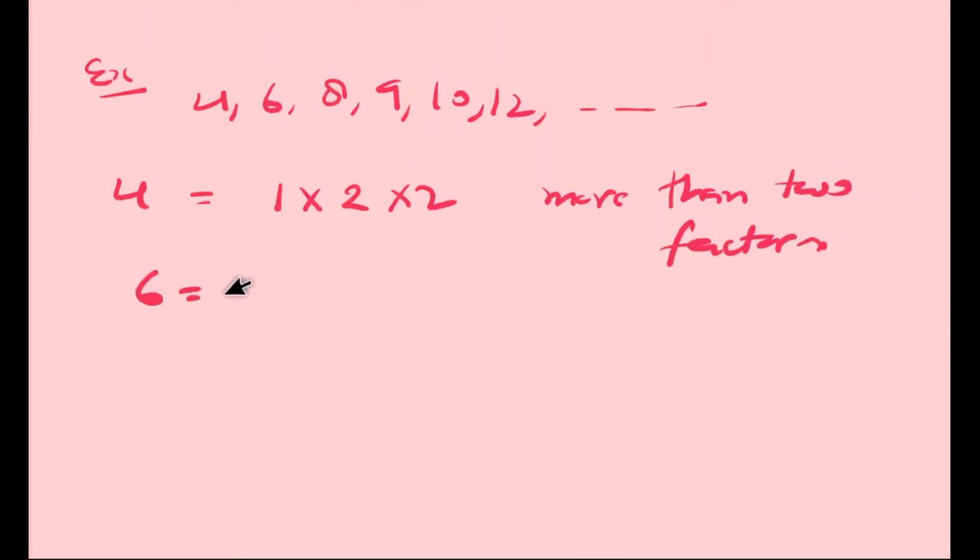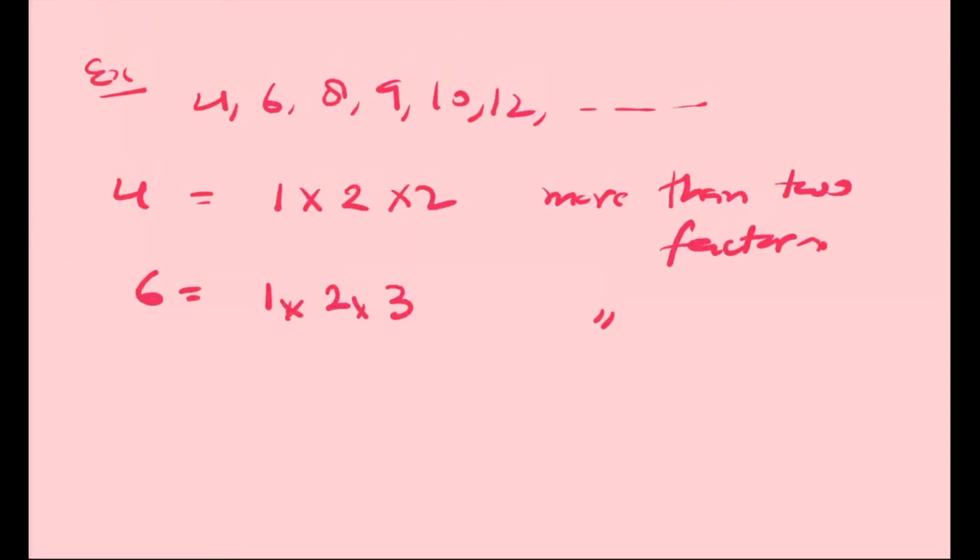Here also we can see 1 and 2 into 3, more than 2 factors. So if they have more than 2 factors, it means they are composite numbers. Okay, so next we will learn the topic of co-prime numbers.